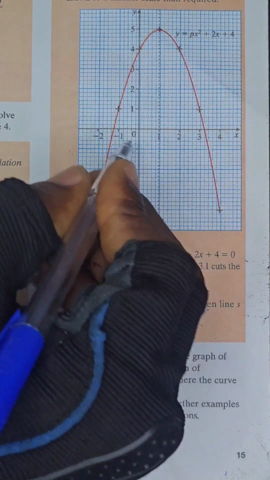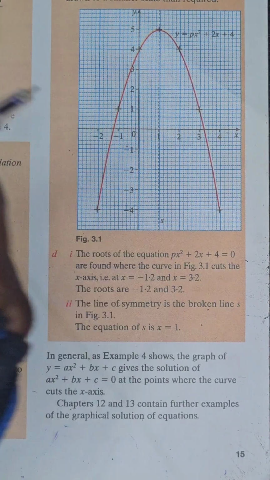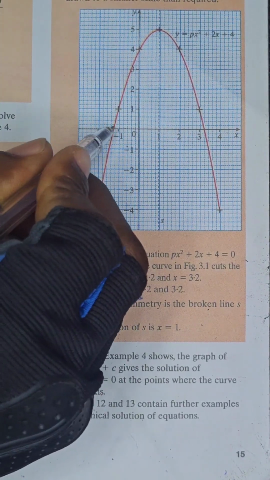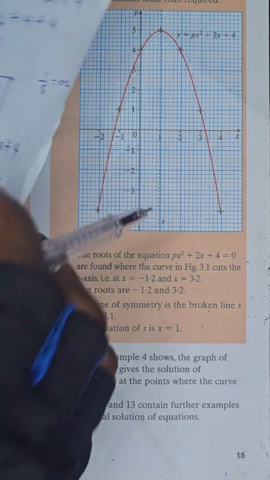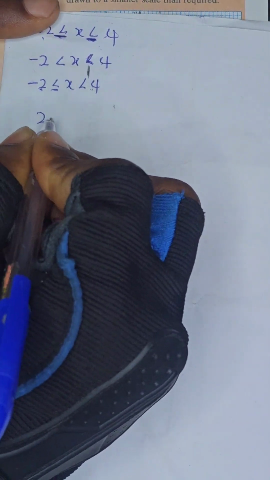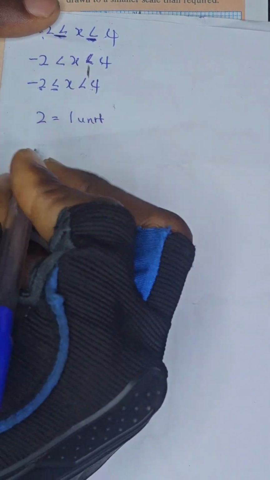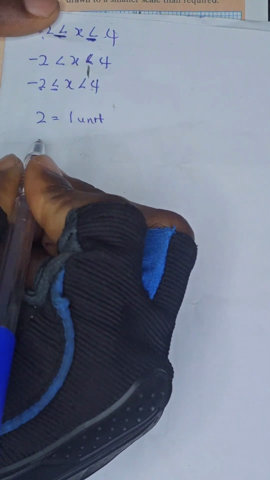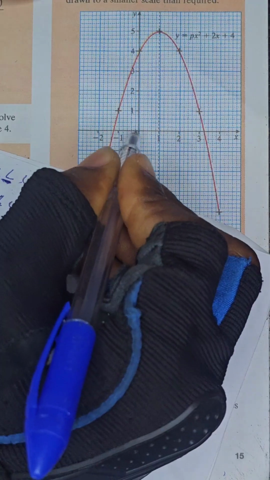So the roots of my equation will be, normally we already know that from here to here is 1. But if you notice, this line crosses after the first division. Remember what I showed you, that since we are using 2 cm for 1 unit, this 2 cm, from here to here, is divided into 5.